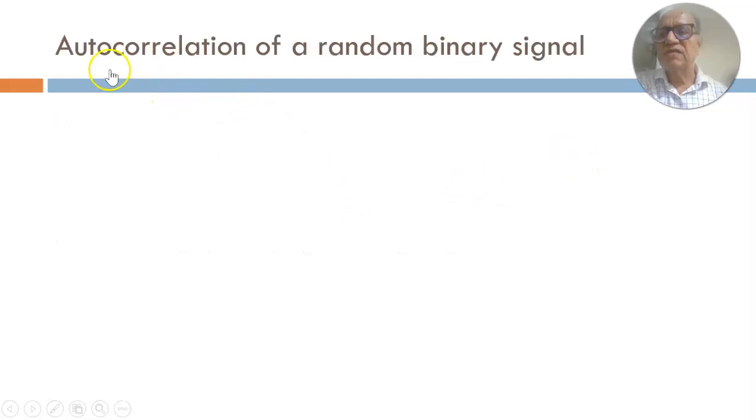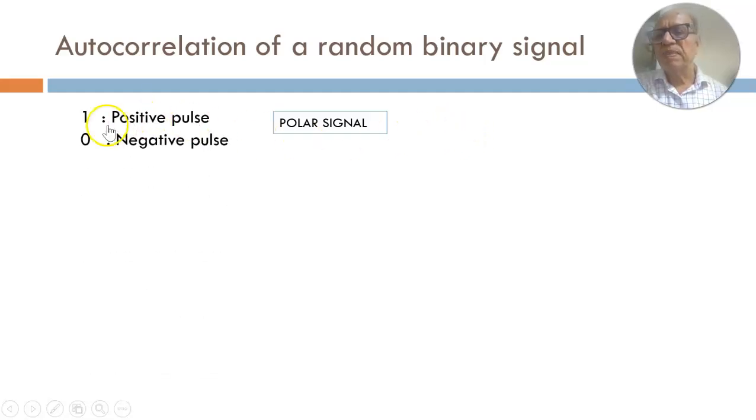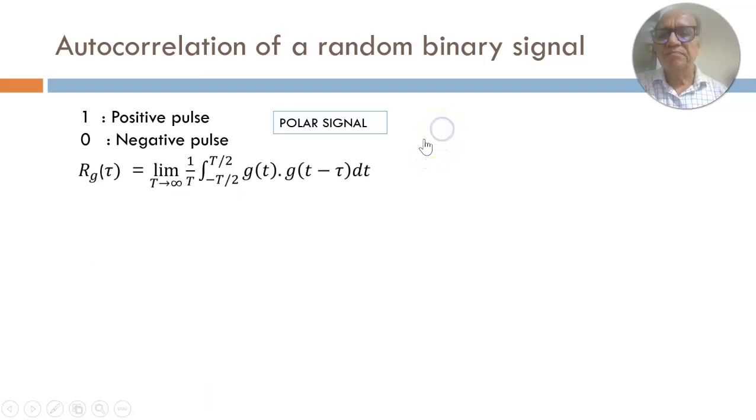So first we start by writing the autocorrelation of a random binary signal, and we are going to assume a polar signal for this analysis, and later on through discussion we'll see what are the results for the other signaling waveforms. So remember that for polar signal 1 is coded by a positive pulse, 0 is coded by a negative pulse. And since it's a random signal, the autocorrelation is obtained by this particular equation.